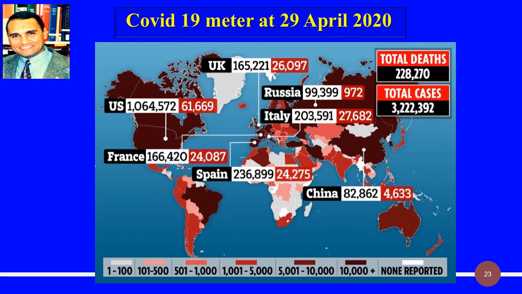These numbers are distributed all over the world, with about 1 million infections in the United States, 99,000 in Russia, 165,000 in the UK, and 82,000 in China. This analysis of the number of cases reported and confirmed in laboratories gives us an idea about the distribution of COVID-19 throughout the world.